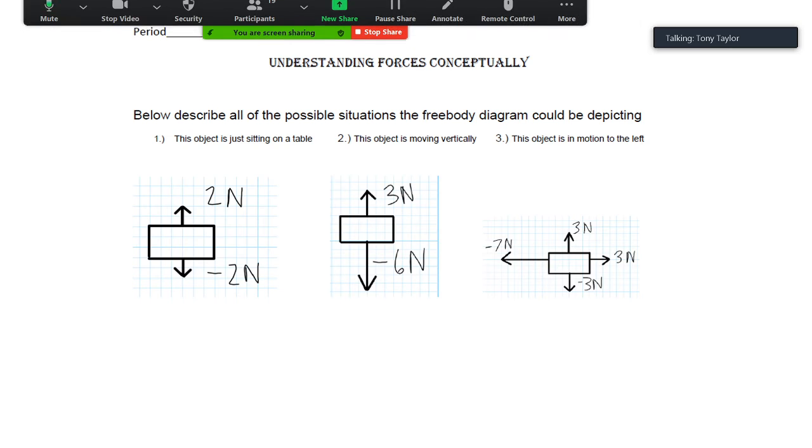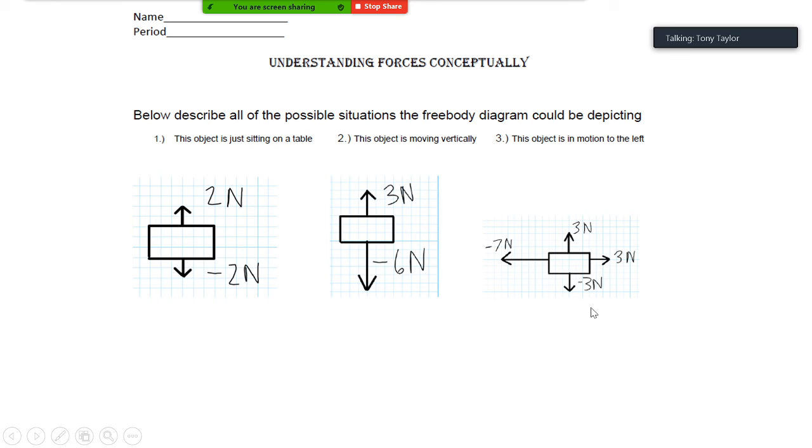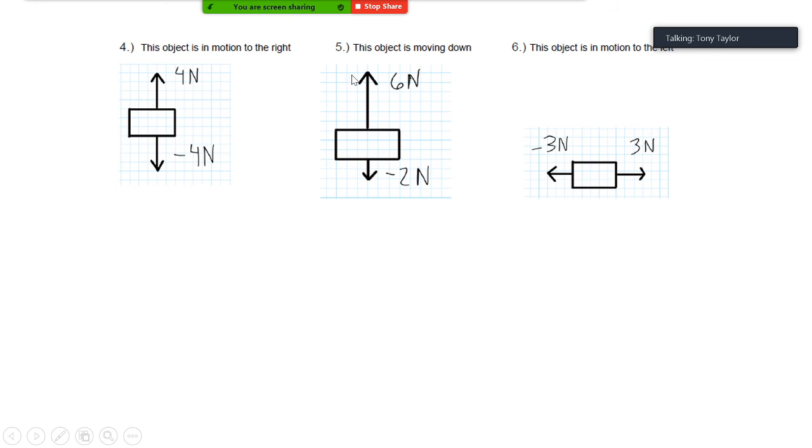It's very important that you look at a free body diagram and be able to tell me what's happening. Okay, so for example, let us look at number 5.